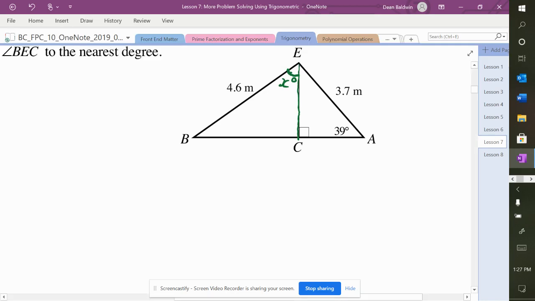So call that y. So what trig function is that going to be? Sine of 39 is going to be y over 3.7.